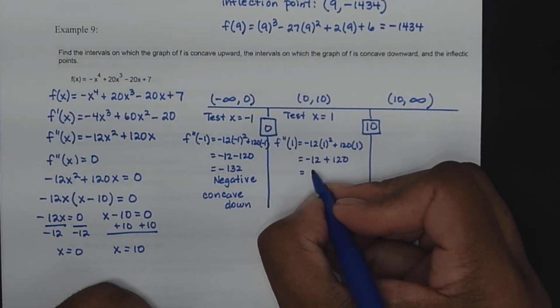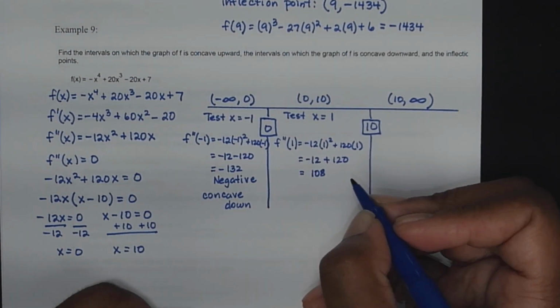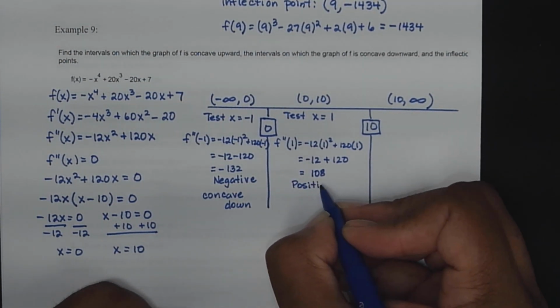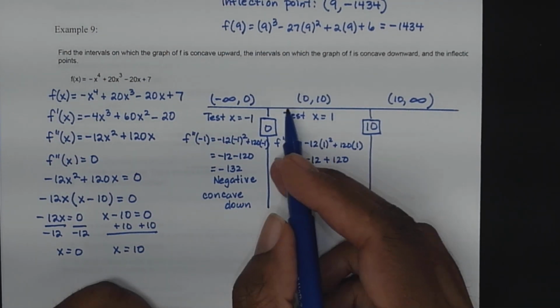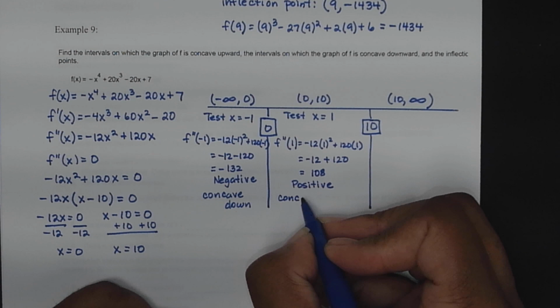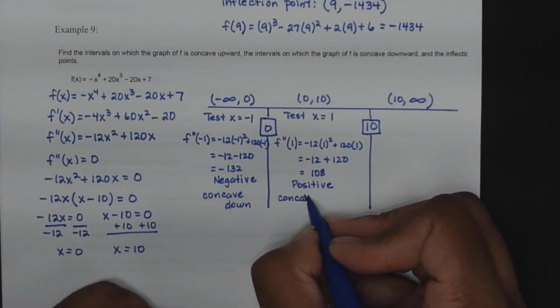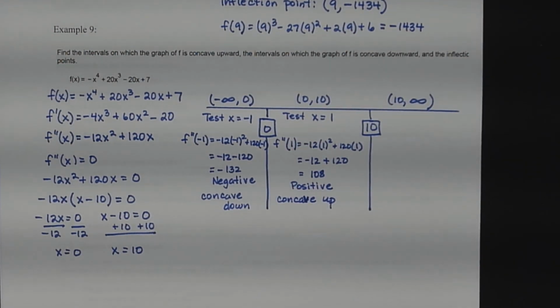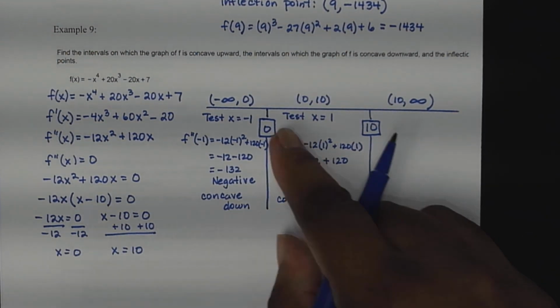Negative 12 plus 120 will be 108, and it is positive. So that means from 0 to 10, the graph of that function would be concave up. So I do see a change in concavity at 0.